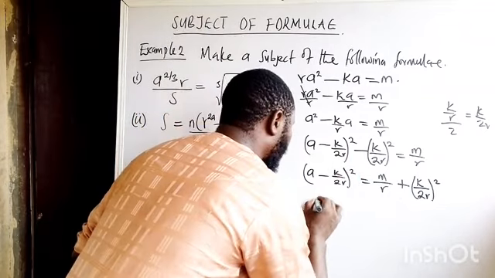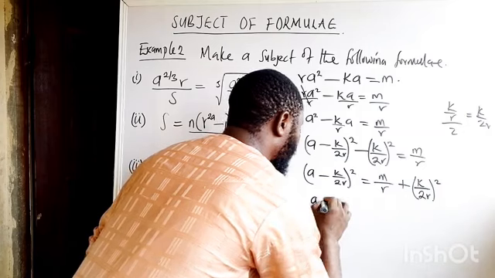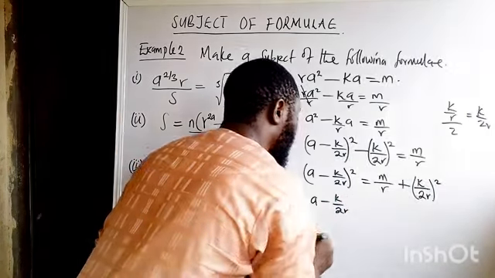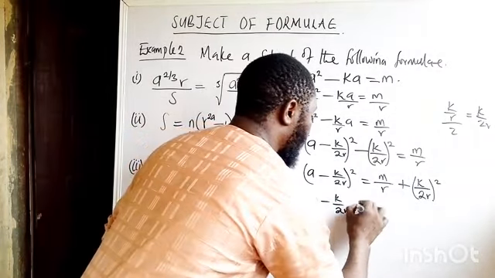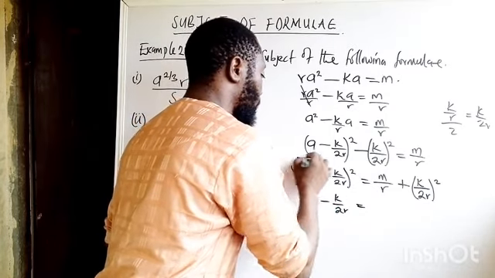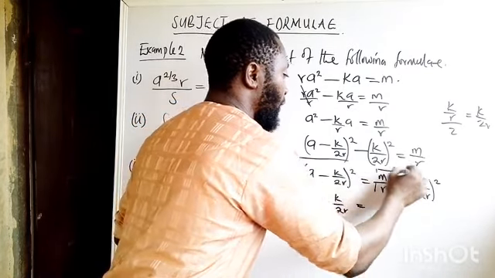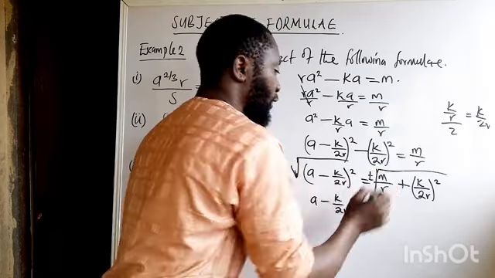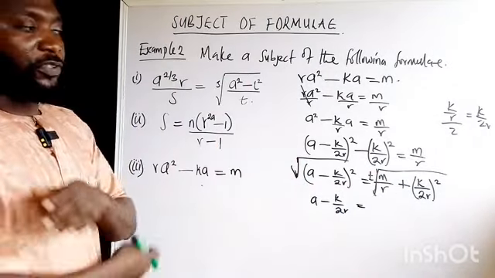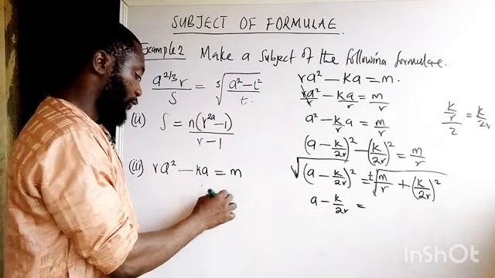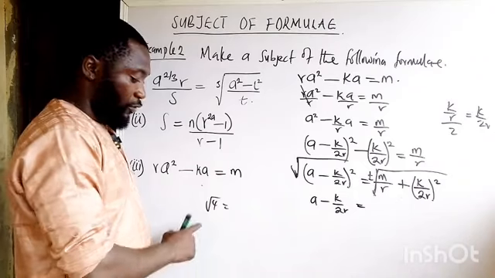So now we have a minus k over 2r equals, by the time you take the square root of this side, it will be positive and negative. Why is it positive and negative? Because when you say the square root of 4, some people will say the answer is 2.